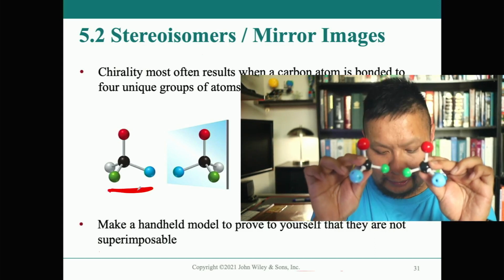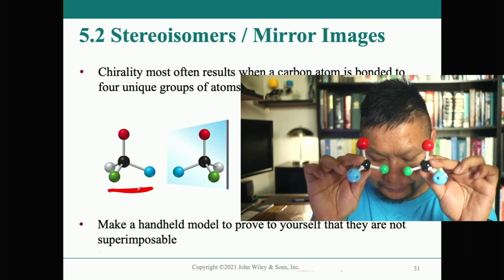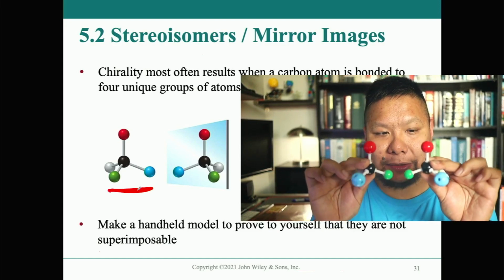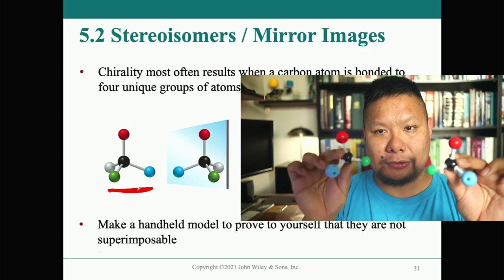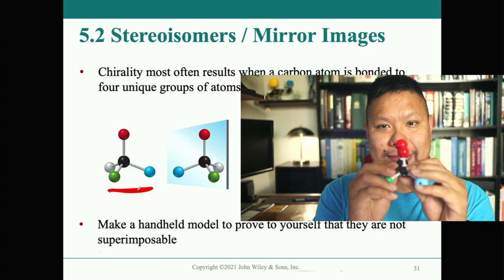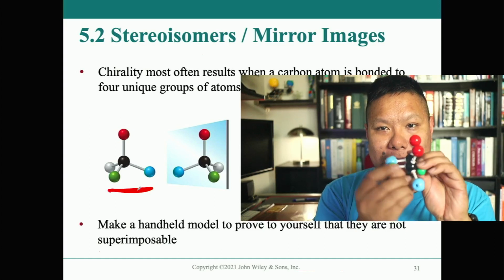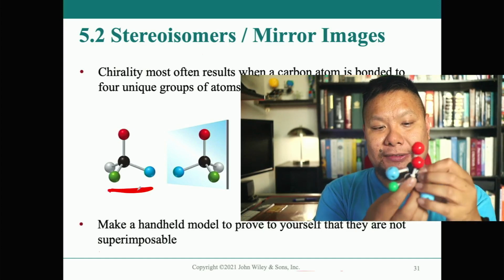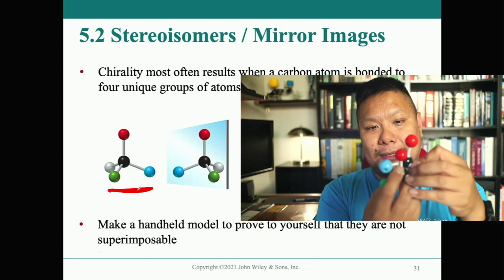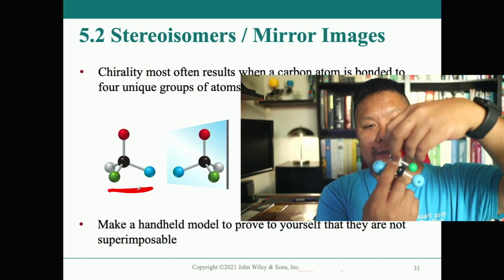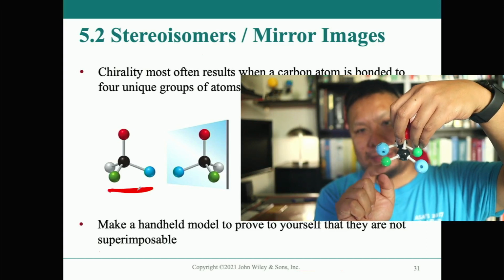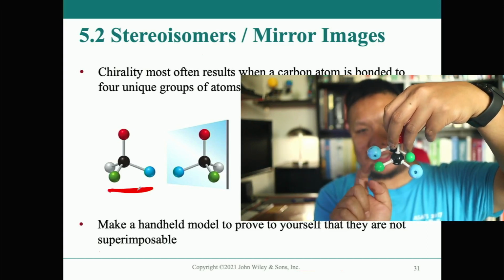So the point is, when we're talking about mirror images, they're stereoisomers when they're mirror images of each other, and when you take them out from being mirror images and put them together, like this, they're not superimposable. And the reason they're not superimposable is because even though the hydrogen or ethyl in the back and the oxygen at the top are the same, notice that these two molecules have the blue thing, which is the hydrogen in this case, and the green thing, which is the methyl in this case, on opposite sides.